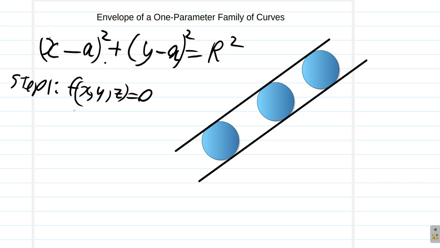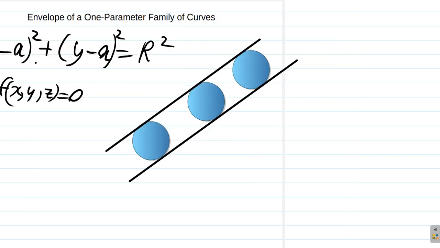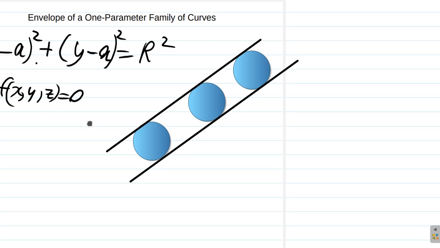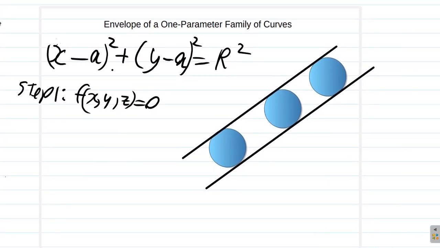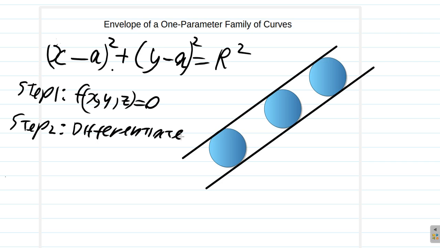All right? Then step 2, you differentiate the function with respect to the parameter. In this case, our parameter is a, right?